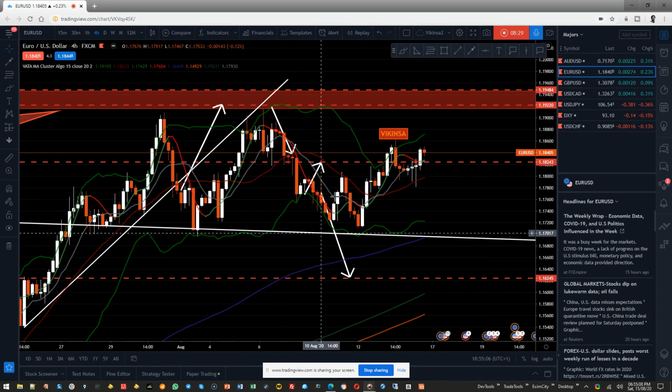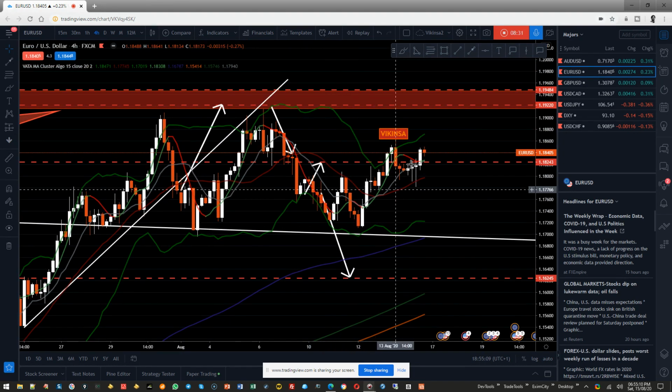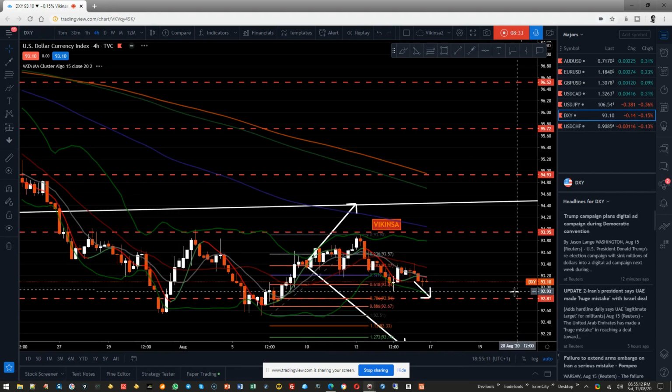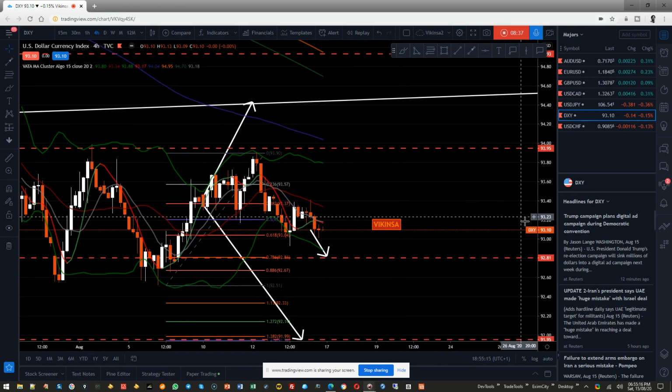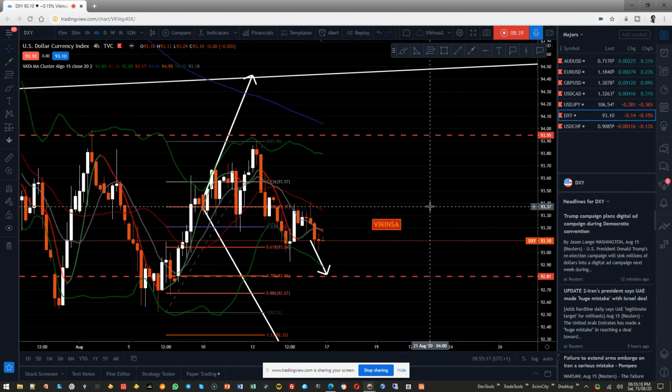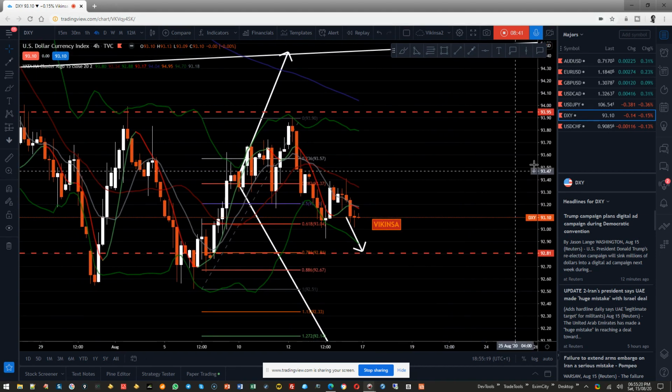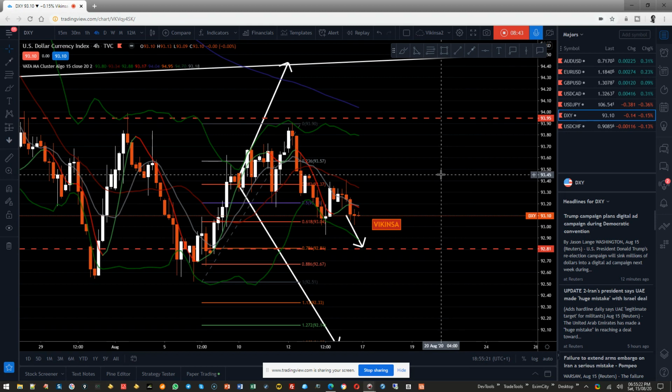So this is the structure that we have, and there are several W and M patterns which are evolving right now. So there are very good opportunities evolving on USD pairs, but we must keep an eye on the dollar index for our analysis purposes, and to make sure that we are looking ahead in the market. We are preparing ourselves for the next event or next level which the dollar can bring.